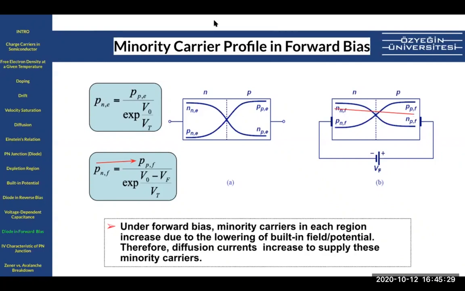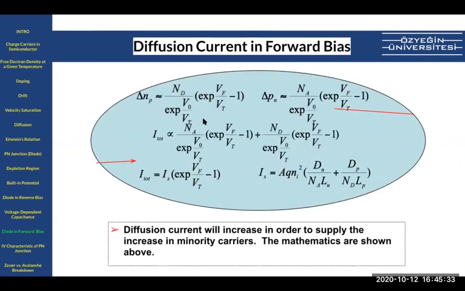Any questions? No? Okay. If we look at the diffusion current in forward bias, it's a lot of formulas, and I will send you notes about these formulas. But obviously, we need to understand what these terms are and how they affect the holes and electrons.